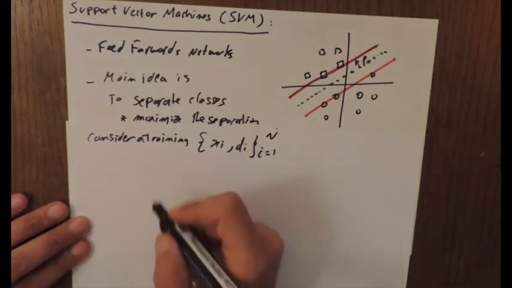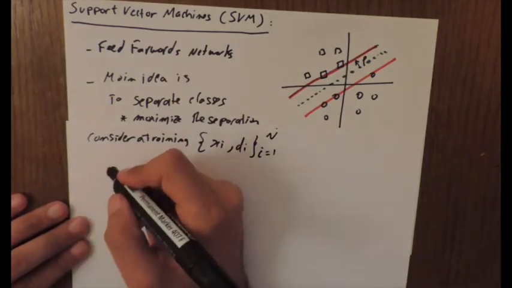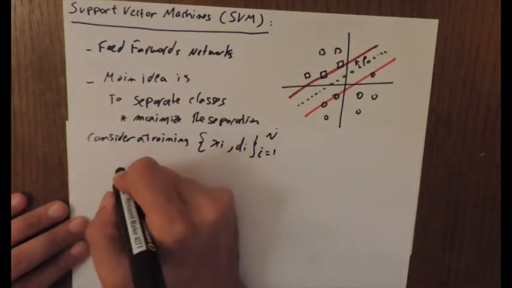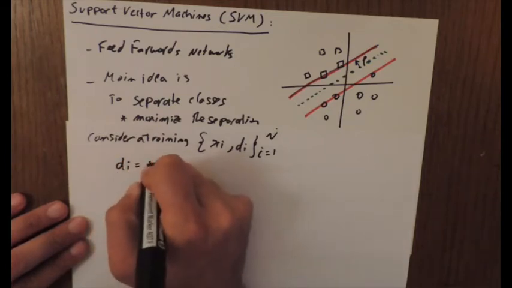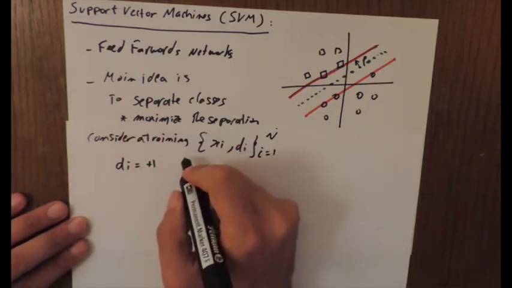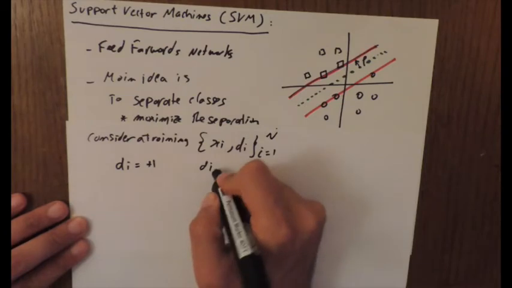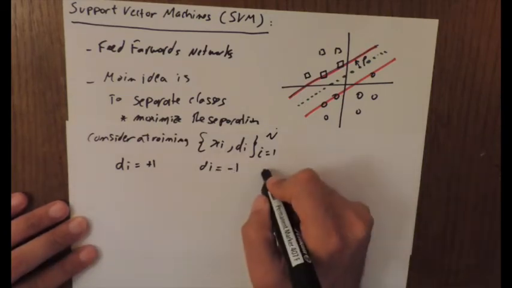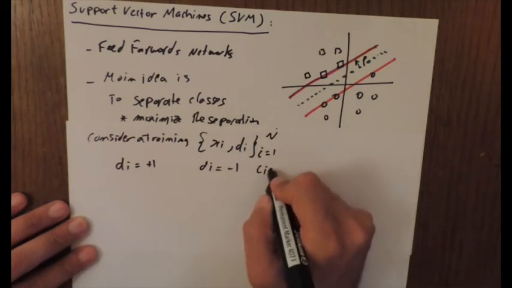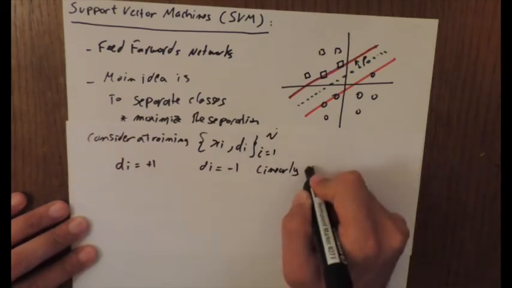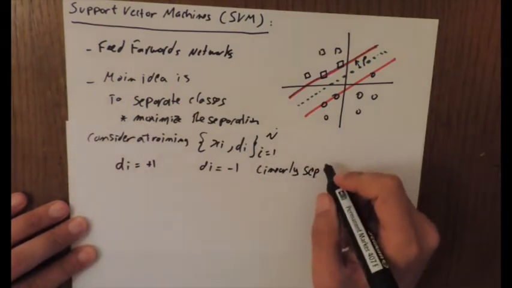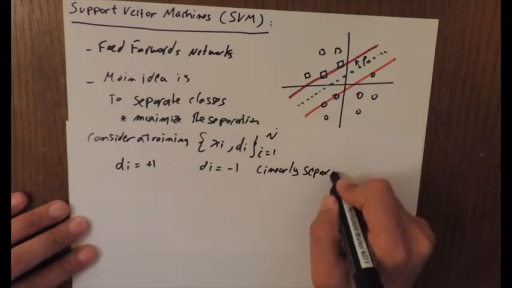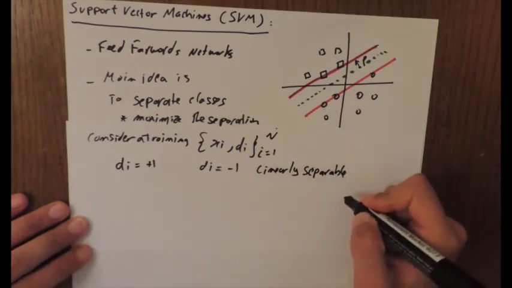We assume we have two classes. So di can belong to +1, or di can belong to -1, and they are linearly separable. The case of non-linearly separable patterns we're going to discuss later.